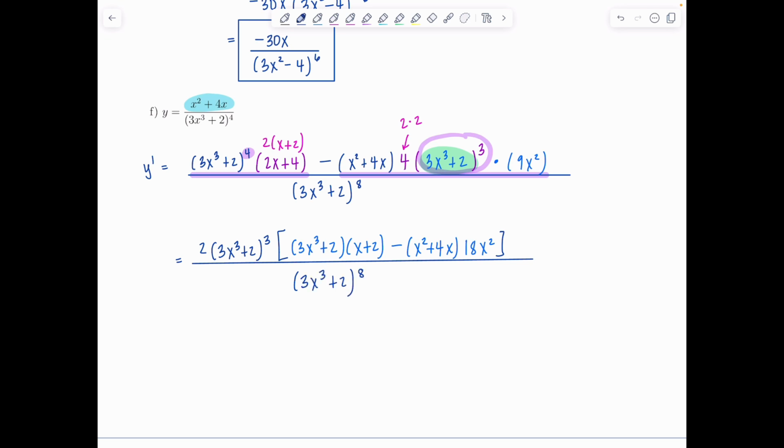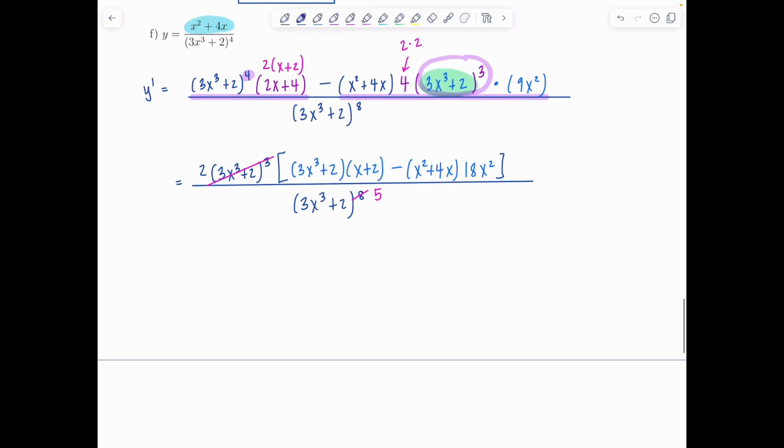Okay, a few lovely things can happen here. This is completely gone. I can cancel it with the 3x cubed plus 2 in the denominator. Now I only have 5 left down here. So then we've got in the numerator 2 times, we need to FOIL all of this out, don't we?